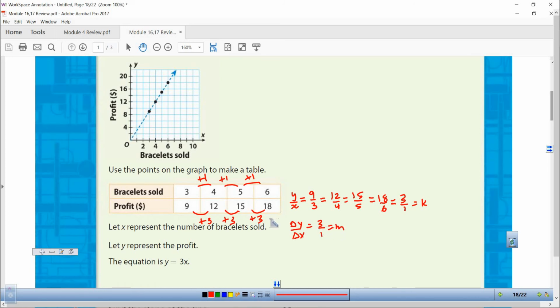But our rate of change and our constant of proportionality are the same, and we get y equals 3x, right? Because the equation is y equals kx. It's also y equals mx, but again, we get the same result because for a proportional relationship, m and k will always be the same.